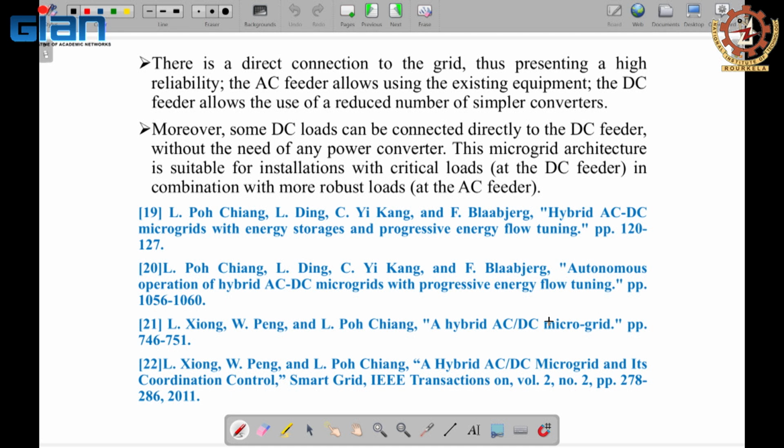Can we have partially DC load, so we can avoid these unnecessary conversion losses? DC loads can be directly connected to the DC feeder without the need of any power converter. So this microgrid can be suitable for installation with critical loads in combination with more robust loads as well.